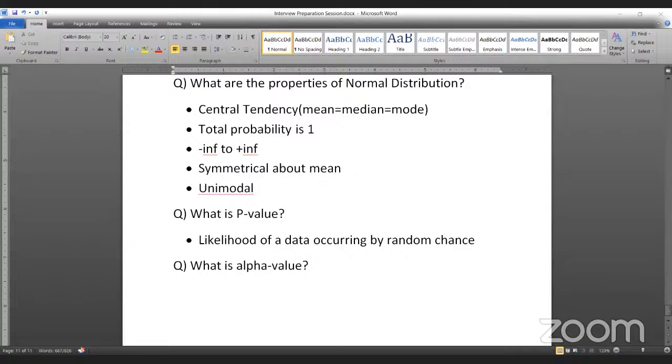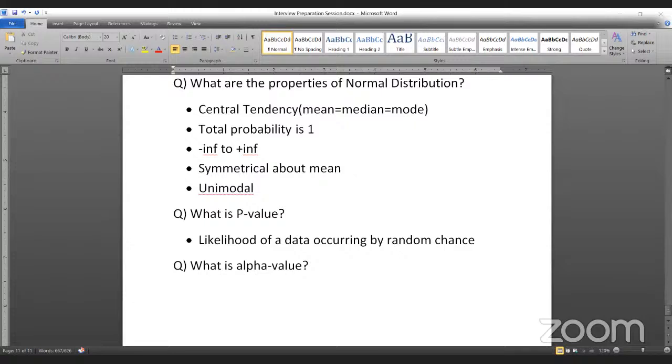For example, we can take a significance level of 0.05, which indicates a 5% risk of concluding that a difference exists when there is no actual difference. So it shows that 5% of error can occur. Basically, if you simplify it, you can say 5% of error is there.